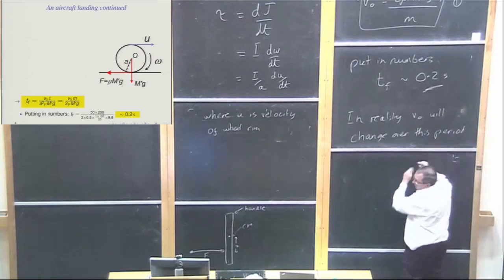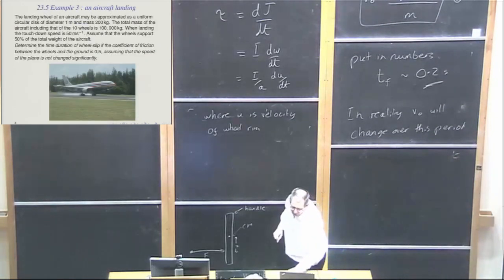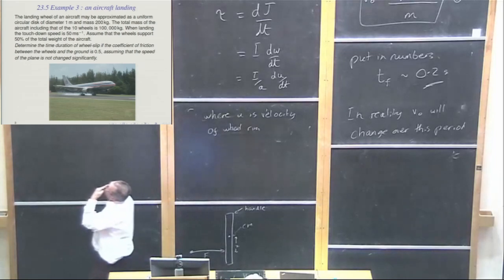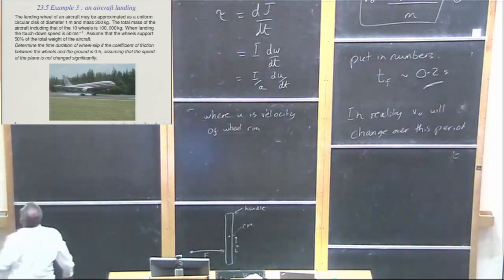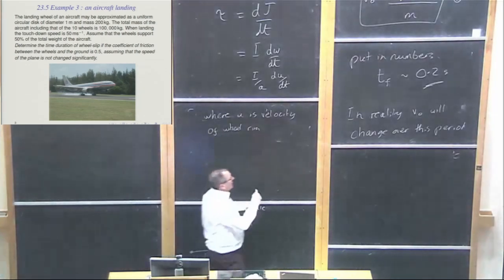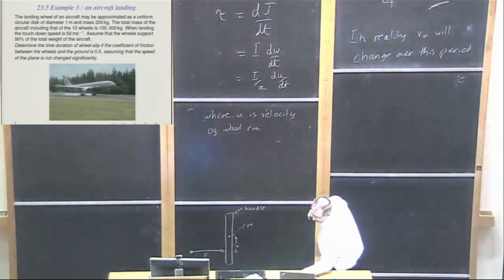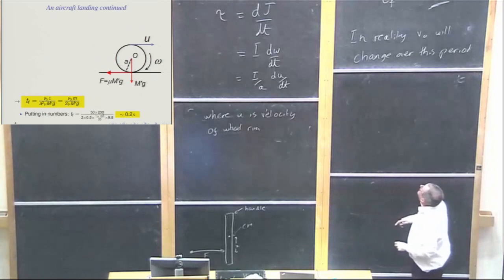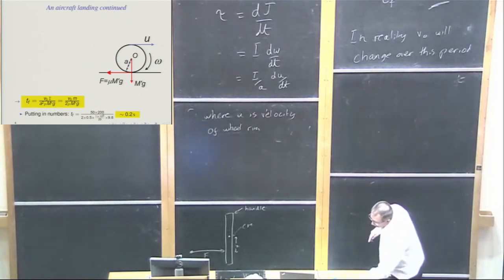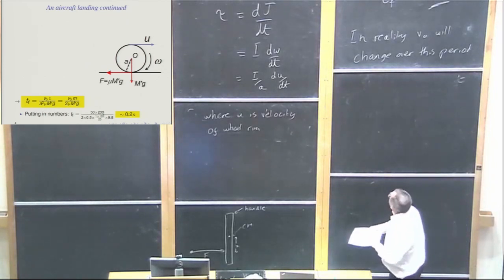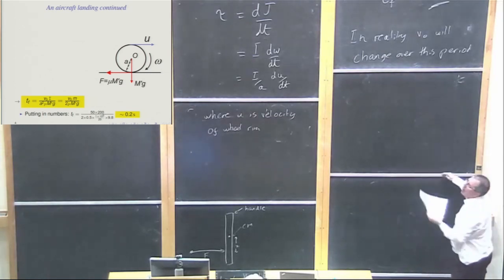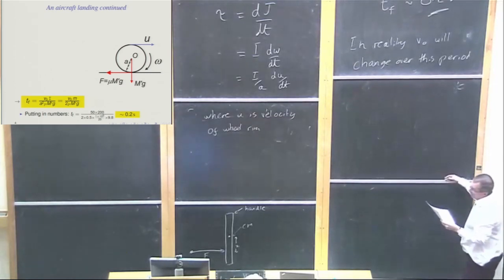Now we were told to assume that it wouldn't. That was an assumption on the bottom line here: assume that the speed of the plane is not changing significantly, but clearly it will be. So it would be good practice to check whether this assumption we made is a reasonable one. So let's check by how much this change of velocity is.